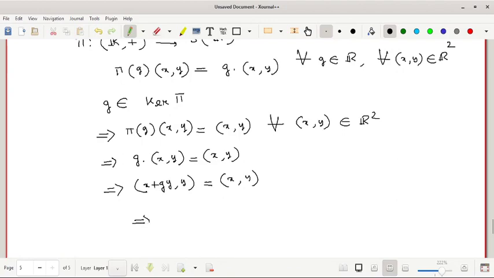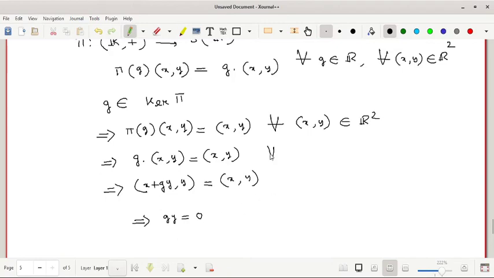So this implies gy has to be equal to 0. And if gy is equal to 0, then g has to be 0, because y need not be 0. y is arbitrary.